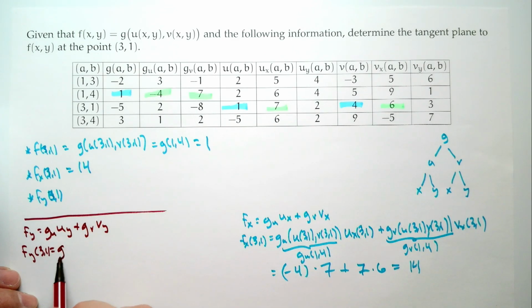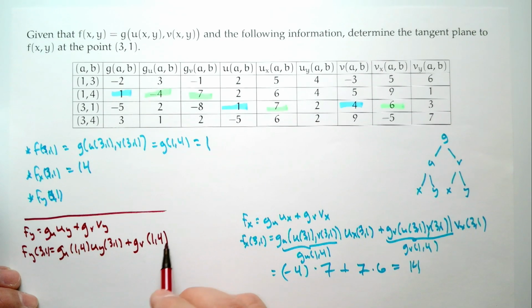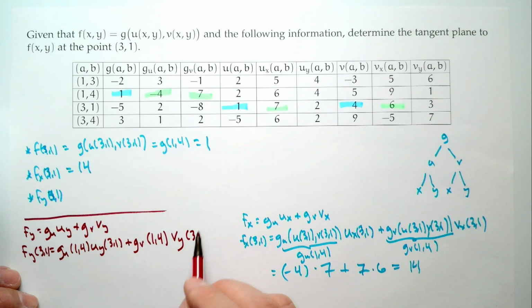So it'll become g sub u at 1, 4 times u sub y at 3, 1. You should write it out, but you're going to have so much time. My goodness, 75 minutes. What luxury.